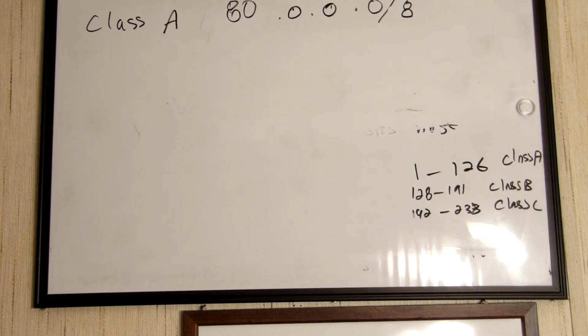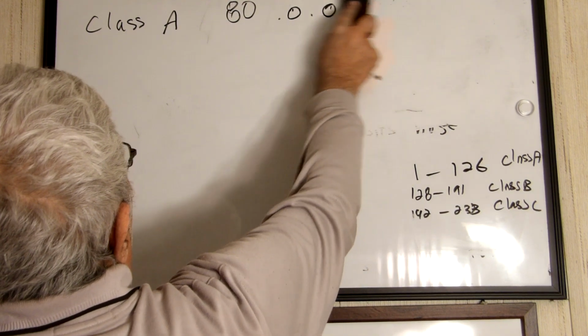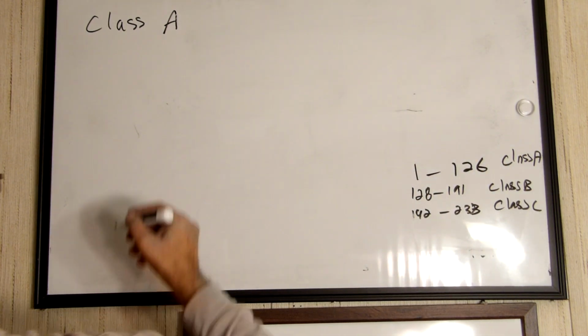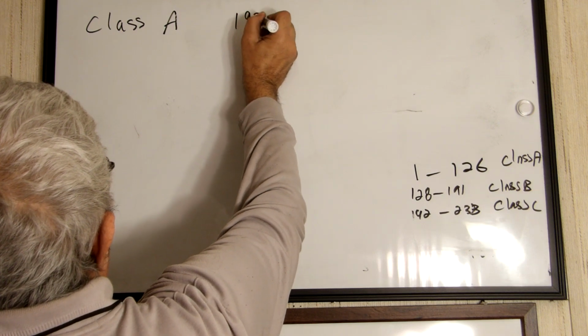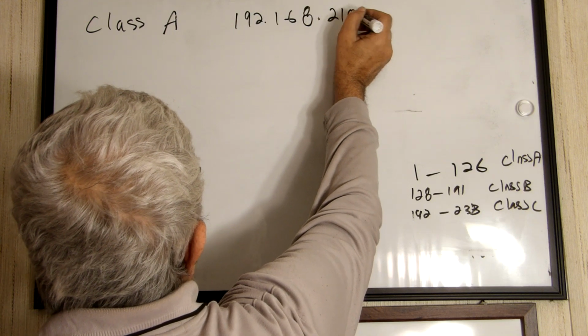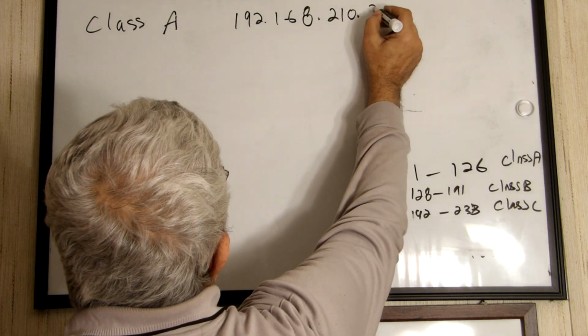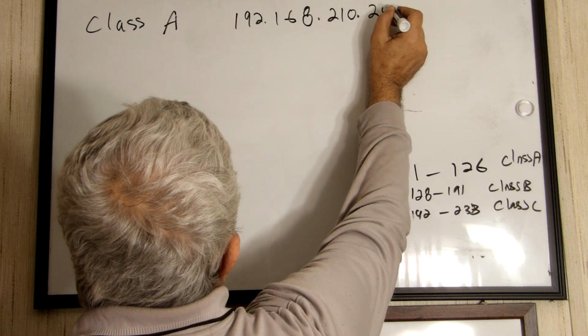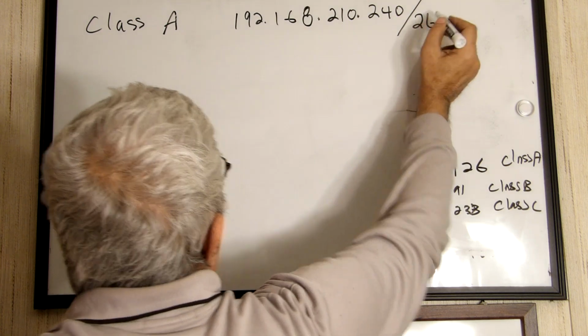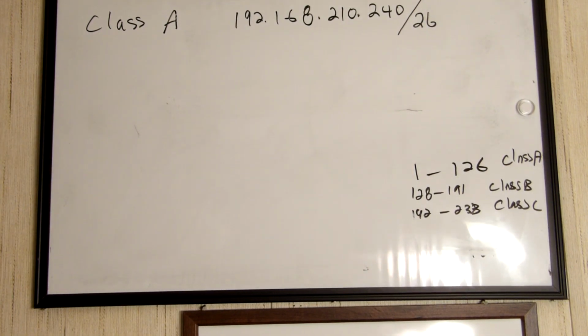In many cases you will see, for example, 192.168.210.240, and then the slash notation is 26. What does this mean? What does this mean?